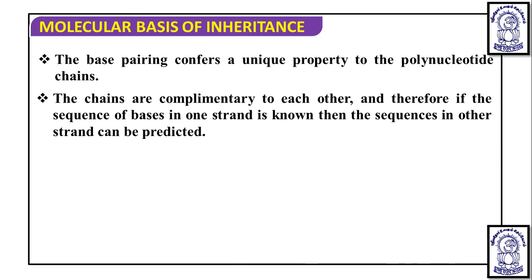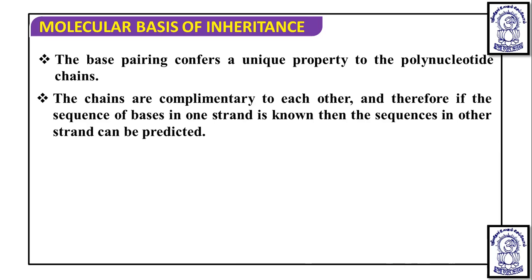So if the sequence of bases in one strand is known, for example if A is given, then on the other strand T is there, and if G is there on the first strand, then C we will find. Therefore the sequence in the other strand can be predicted.